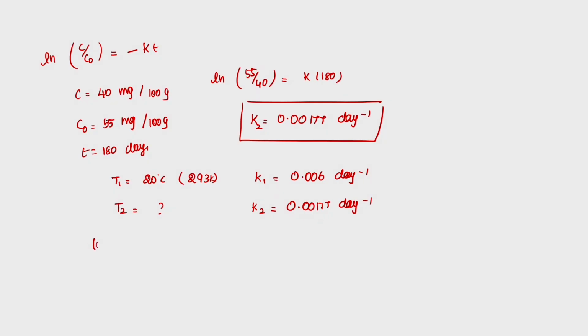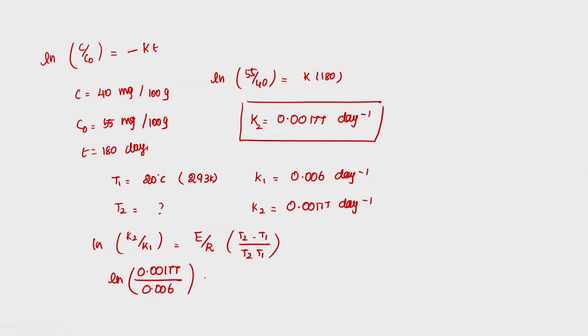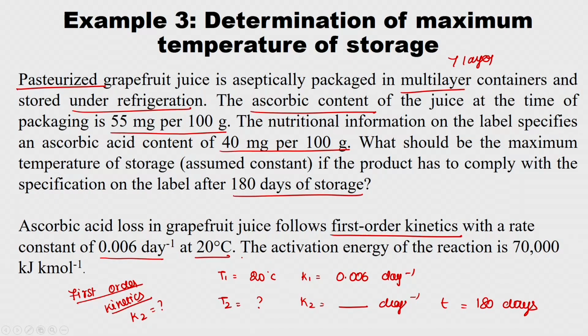So, we know already the formula ln K2 upon K1, which is nothing but E by R of T2 minus T1 divided by T2 T1. So, K2 over K1 is nothing but 0.00177 upon 0.006. So, now I require E. So, E is also given.